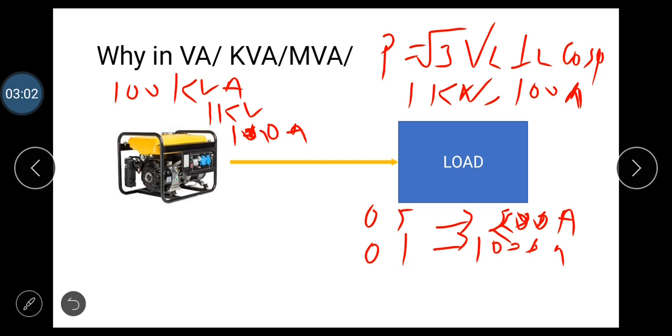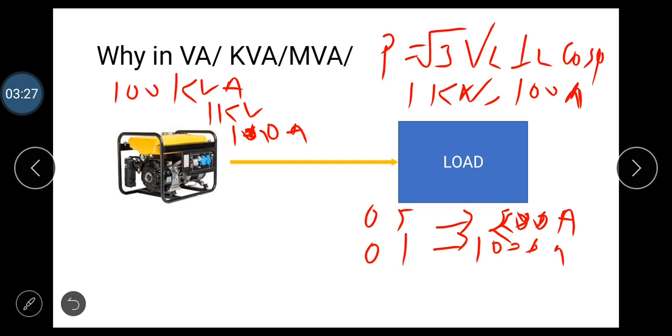Some acceptable levels exist, maybe twice, but we'll consider 1 kV as the maximum rating. That means the insulation is going to break down, short circuiting is going to happen in the alternator, and finally it's going to be damaged.